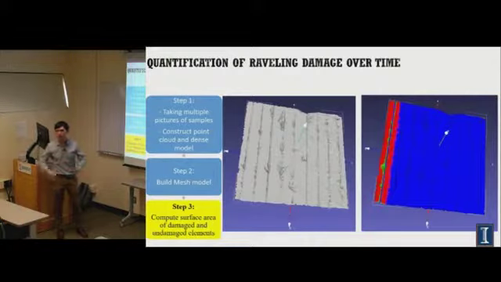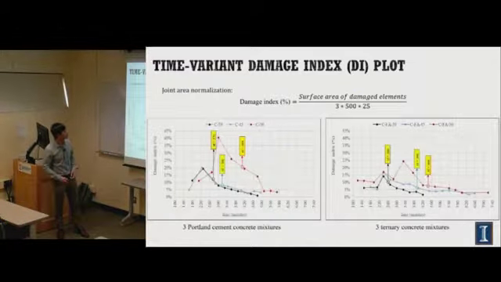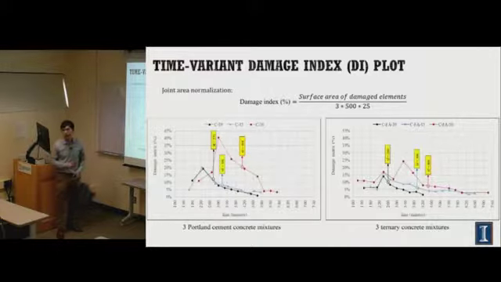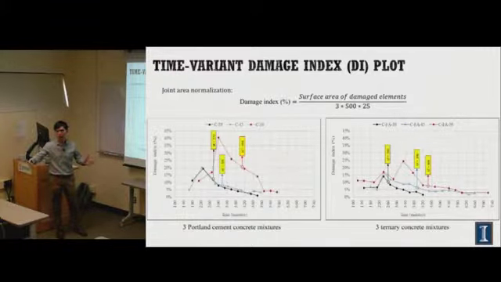Based on this observation, I will plot the time-varying damage index. I found the surface area of the damaged element, and I normalize it by the length of the saw cut and the maximum size of the aggregate to get the damage index. And I plot it over time.